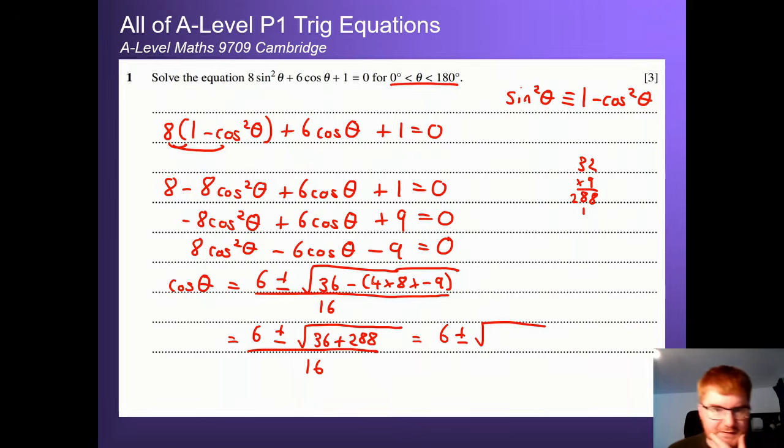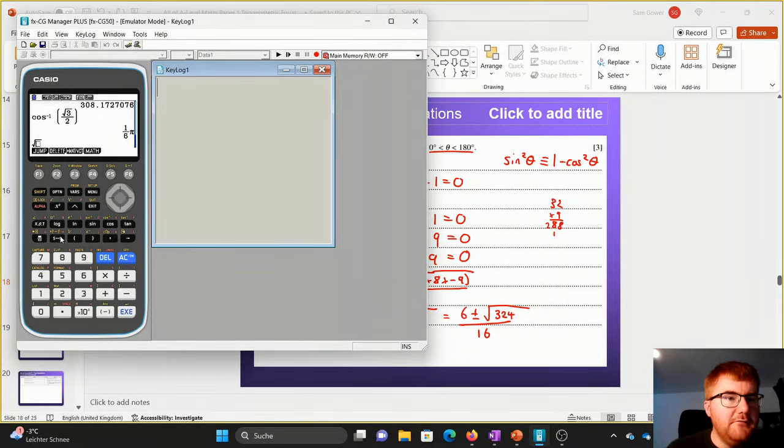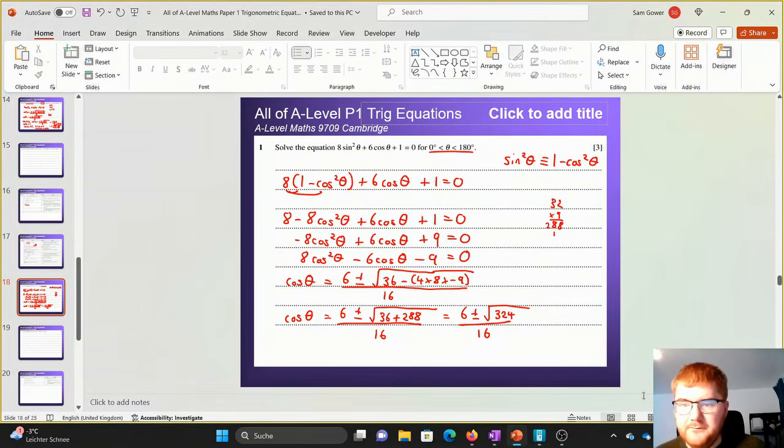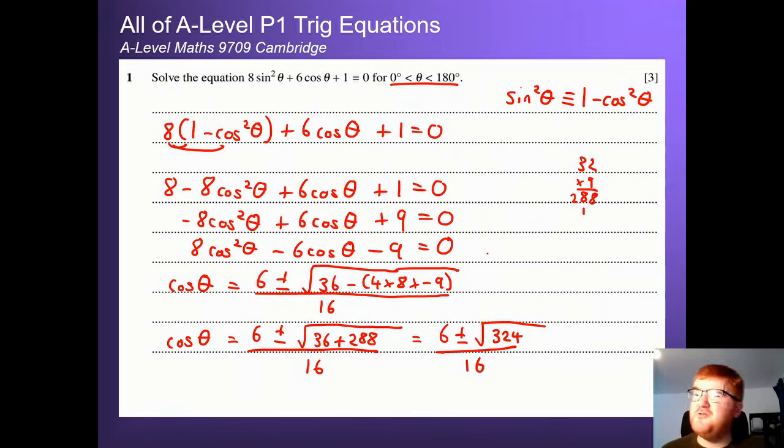That then gives us 6 plus or minus, what's that going to give us? 324 over 16 for our cos theta. The square root of 324 gives us 18. So we have a precise answer here, which is very nice. Probably did factorize, but the quadratic formula also works here. So we get 6 plus or minus 18 over 16.